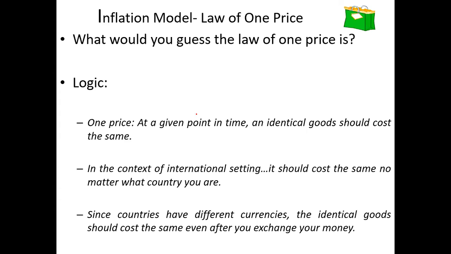What we are saying is that if $1 is equal to 6 cedis, okay, and a pen costs $2 in the US, that pen must cost 12 cedis in Ghana.